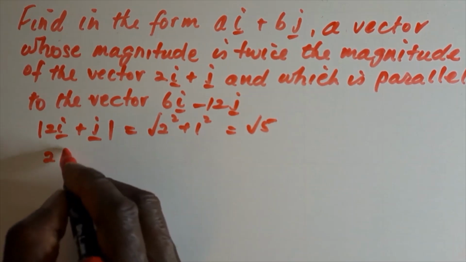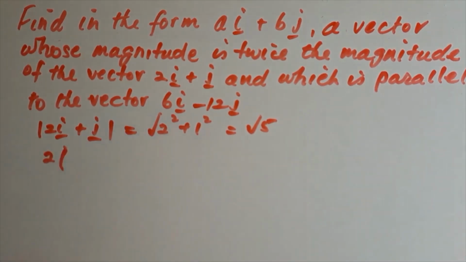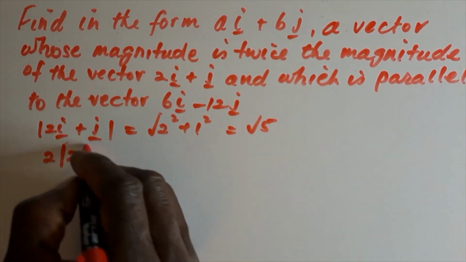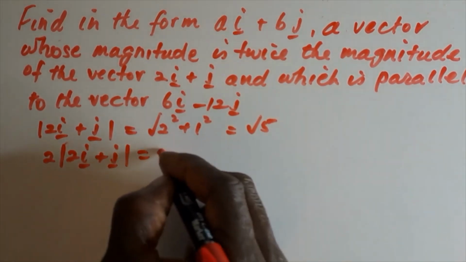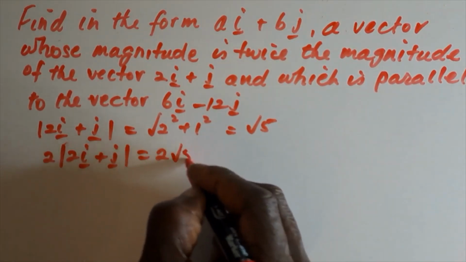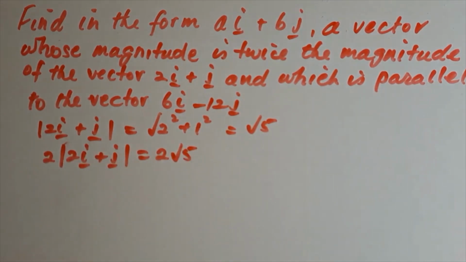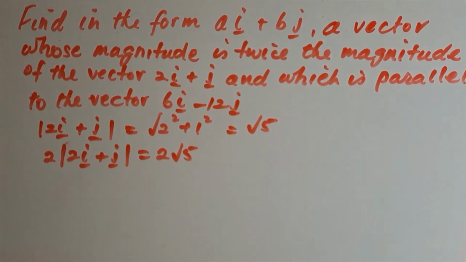We have that as 2 times the magnitude of 2i add j, which is 2 times root 5, which is 2 root 5. Right, so that's the magnitude of the vector that we're trying to find in the form ai add bj.